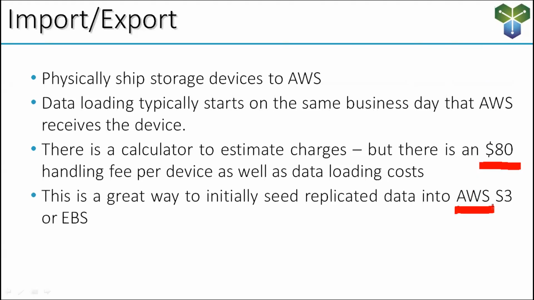But for the exam, what I would really be aware of is, yes, I can load my data onto a physical device, physically ship it to AWS, and they can load it into either S3 or EBS for me. And that's kind of the use case, is to seed our data and get our data into the AWS environment. And then maybe we can make incremental changes from there.